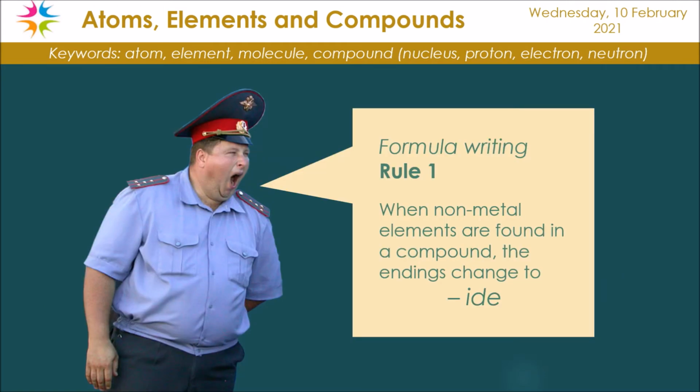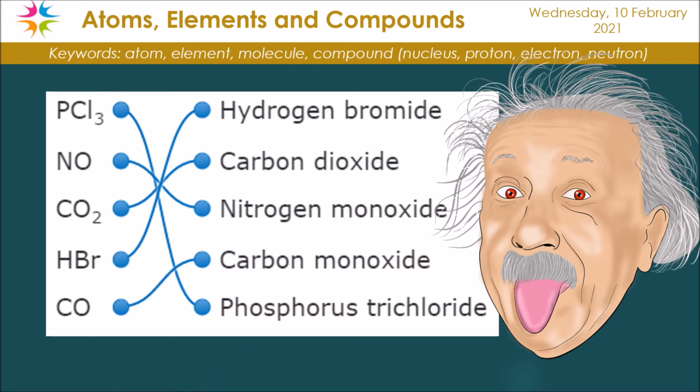So here is the first rule for writing formulae. When non-metal elements are found in a compound, the endings change to "ide". So the example we saw yesterday was sodium and chlorine turned to sodium chloride. Have a look at these formulae on the left hand side and follow the lines to their names.